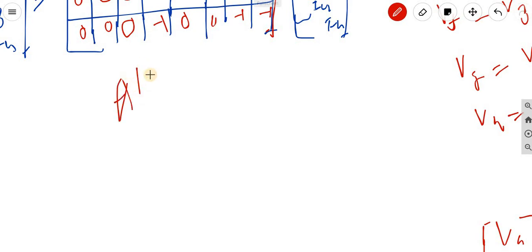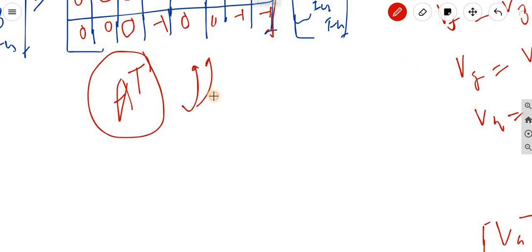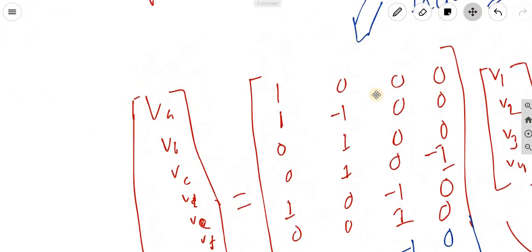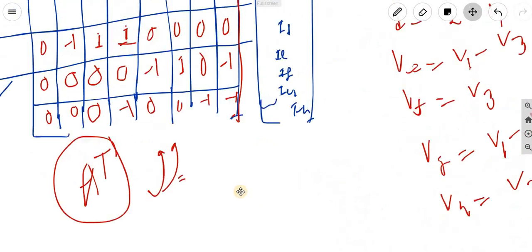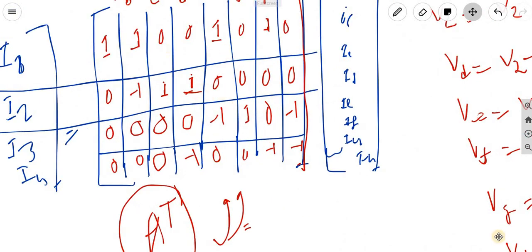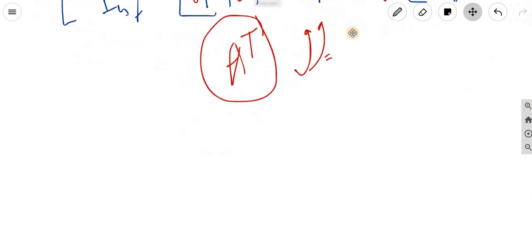If you find the transpose of that matrix, you will get definitely this one. Okay. So if that matrix is known as A, this would be the transpose of that matrix. So we can name it as the A transpose.